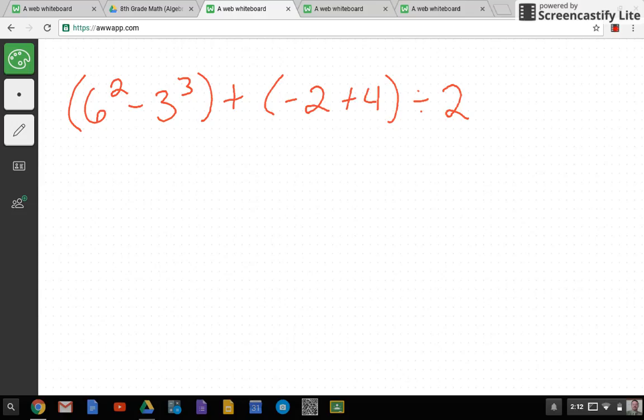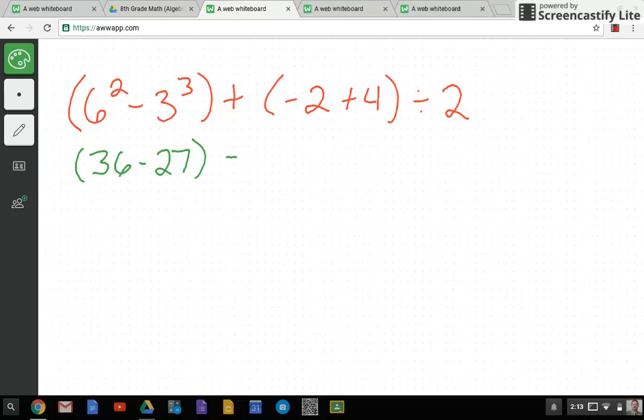Well, over here I've got exponents inside my parentheses. So 6 squared, well, that's basically going to mean 36 because that's 6 times 6. 3 squared, or I'm sorry, 3 cubed, so 3 times 3 is 9 times 3 is 27.